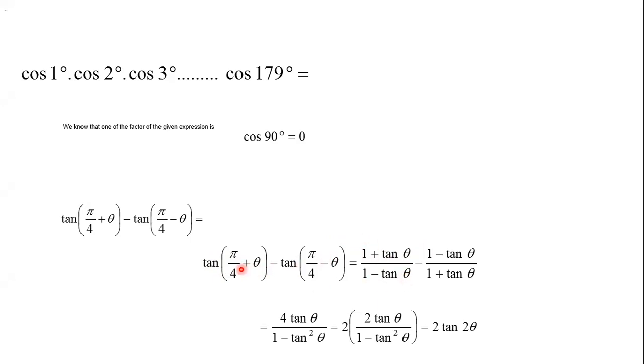So A is pi by 4, and the value of tan pi by 4 is 1. So tan pi by 4 plus tan theta means 1 plus tan theta, and 1 minus tan pi by 4 into tan theta is 1 minus tan theta, since tan pi by 4 is 1.